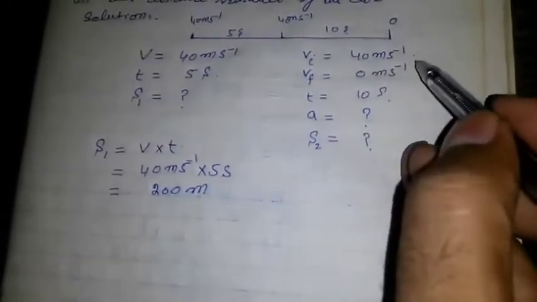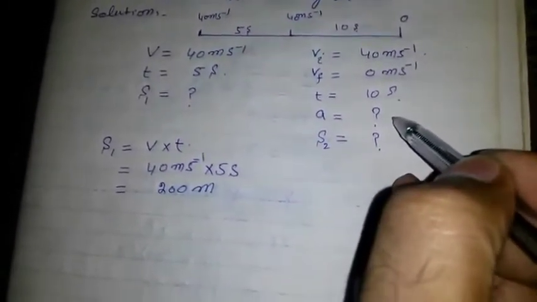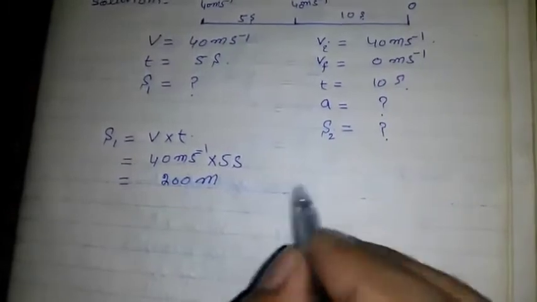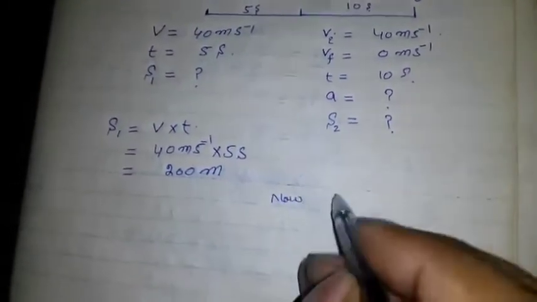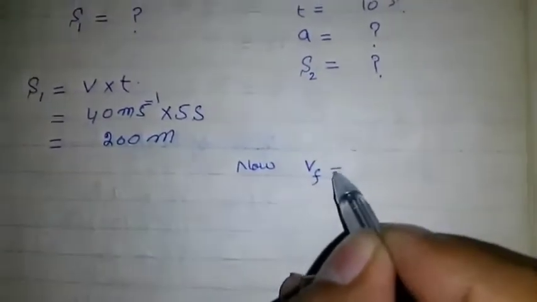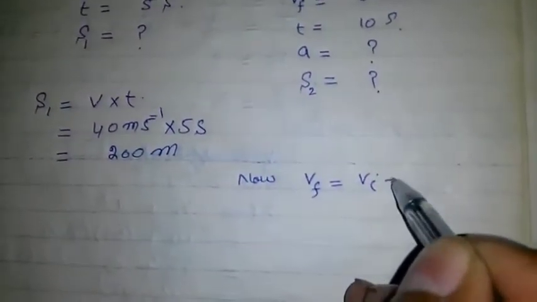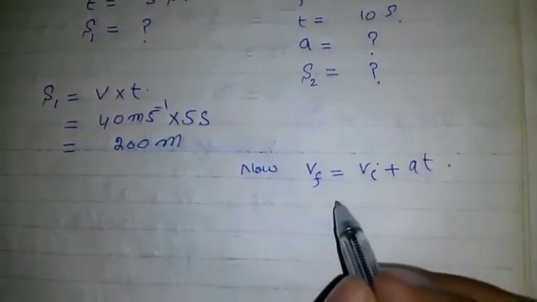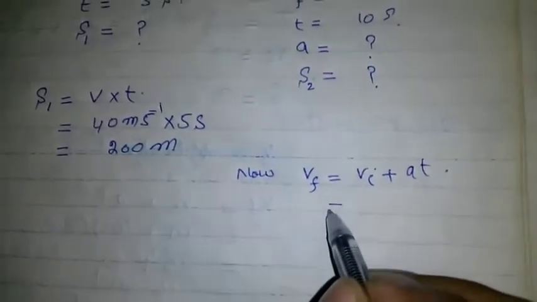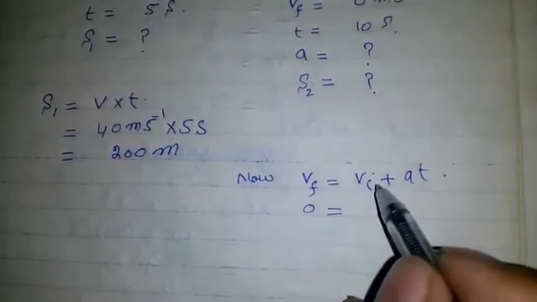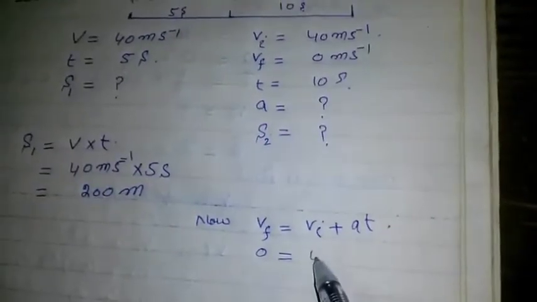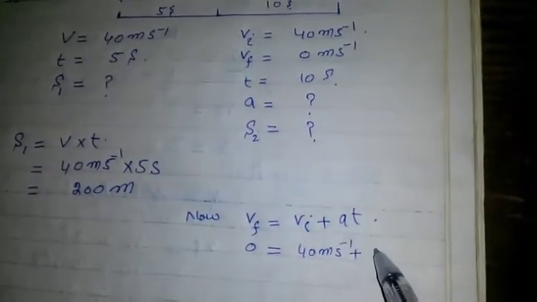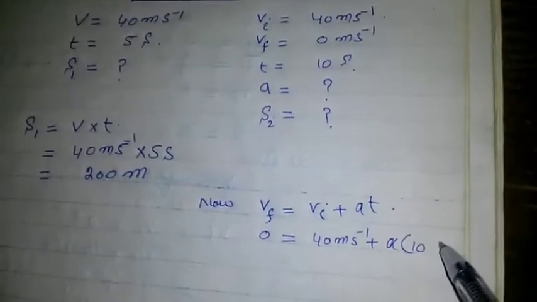Now we consider this part. First of all, we need the value of a, acceleration. We use the first equation: Vf is equal to Vi plus At, which gives 0 is equal to 40 meter per second plus A into 10 seconds.